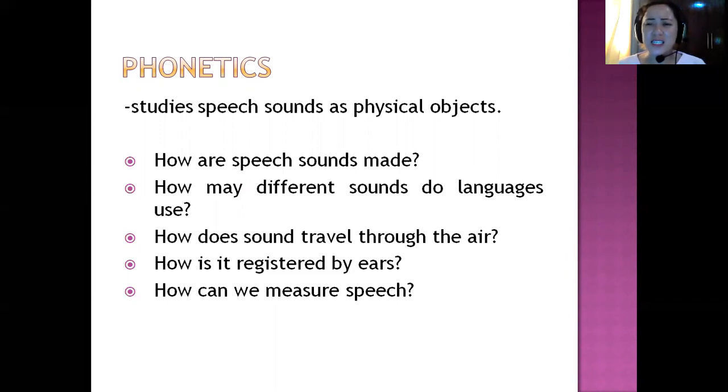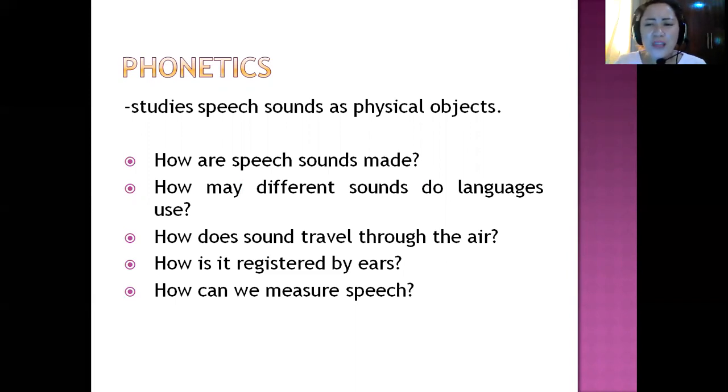This is quite hard for phoneticians since they cannot see what they are studying. You cannot see how sound travels through the air. You cannot totally see the exact movement of the tongue while the person is speaking.